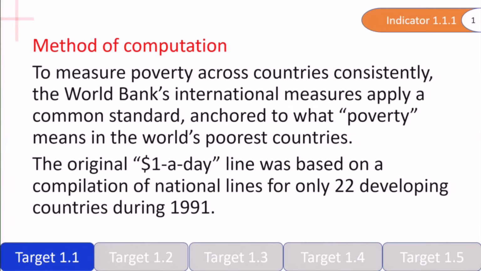Now, how do we compute this? How do we measure? To measure poverty across countries consistently, the World Bank international measures are used, and we apply a common standard anchored to what poverty means in the world's poorest countries. The original $1 a day was based on the compilation of national lines existing in 22 countries during 1991.